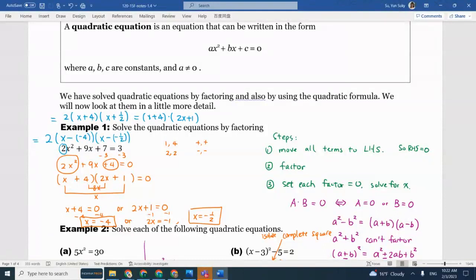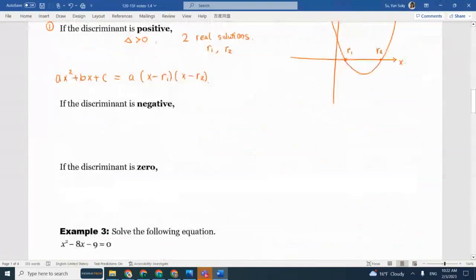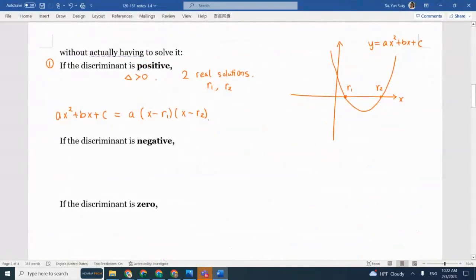So therefore, this is exactly equal to the factoring. So this is what this means. This can be factored as a, the leading coefficient, times x minus the first solution, times x minus the second solution.